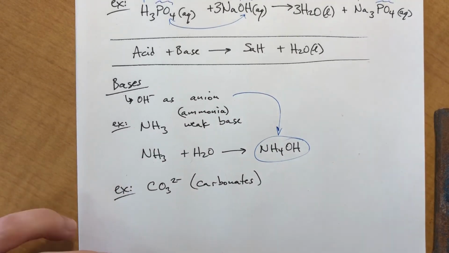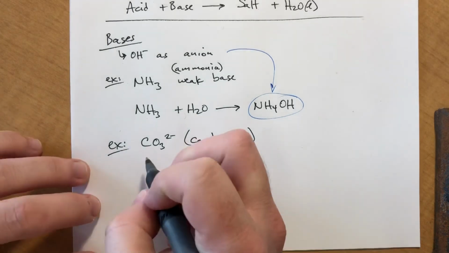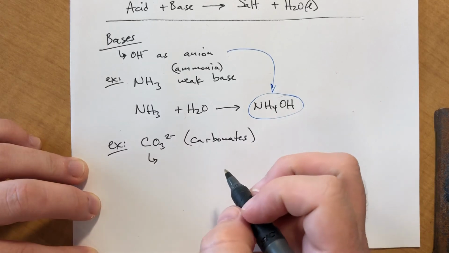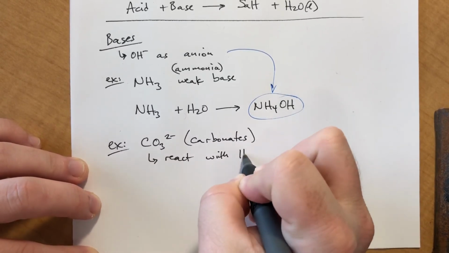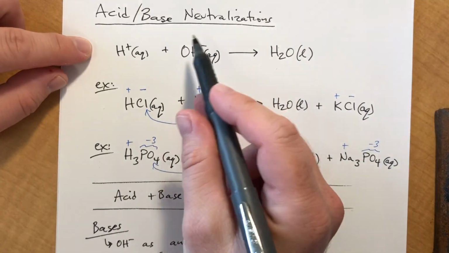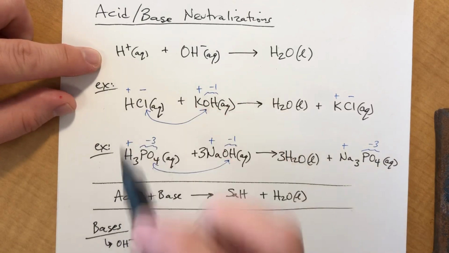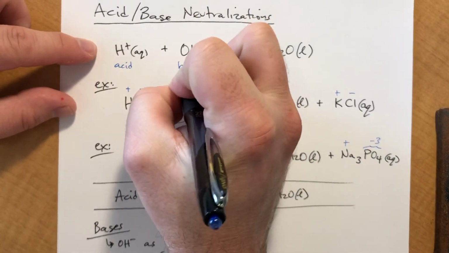These are also weak bases, and they're not super obvious as to why they are weak bases. They are weak bases because they react with H+. So up here, we saw that we're categorizing OH minus as a base because H+ is the acid, and it neutralizes it.